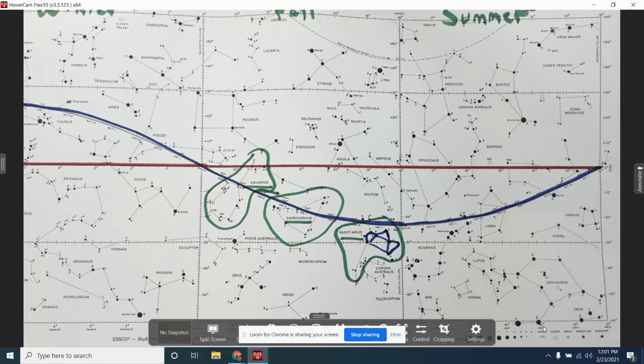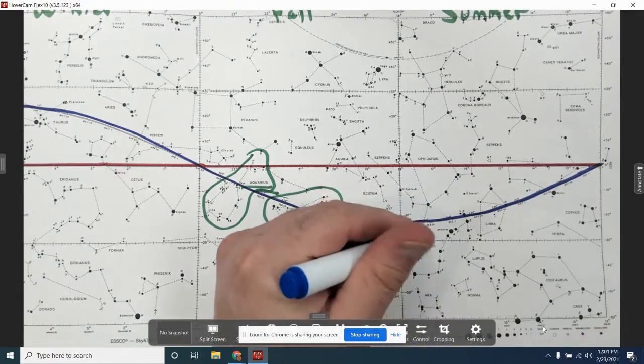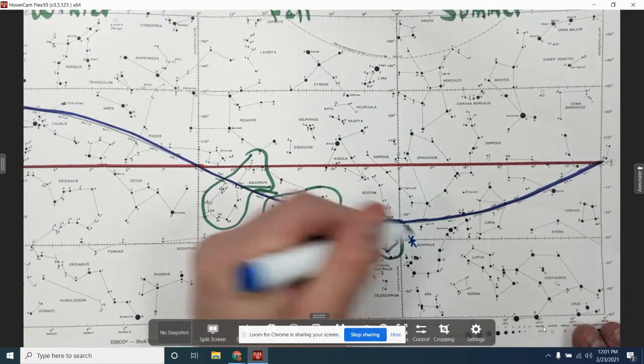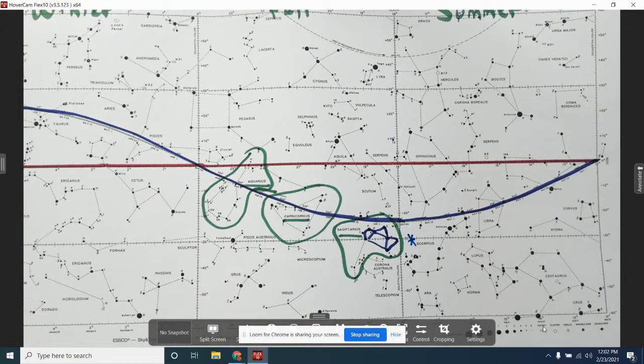At the tip of the teapot, I'm switching over to blue now, somewhere right around here, I'm going to put a nice little asterisk here. That mark right there marks the location of the center of our galaxy. Okay, so we're in the Milky Way galaxy. There's 200 to 400 billion stars.